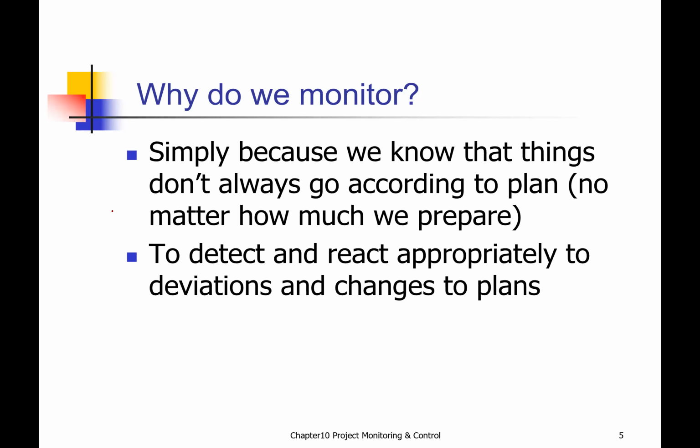That statement basically tells us that we need to be prepared. We need to collect the information, and we need to react accordingly, so that we get what we wish for. So this is what we call detect and react appropriately. Detect means monitor. React means we take action or control.